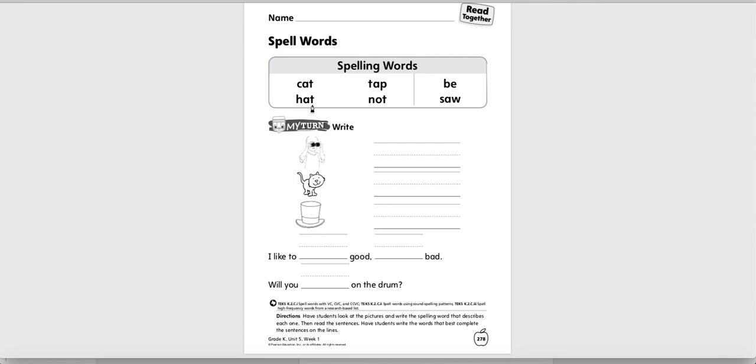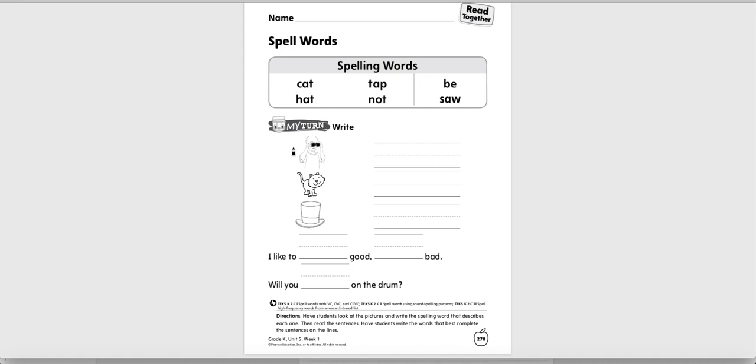Hat. T, a, p, tap. N, a, t, nut. B, e, bee. S, a, saw.